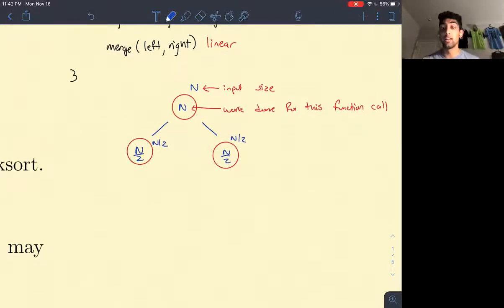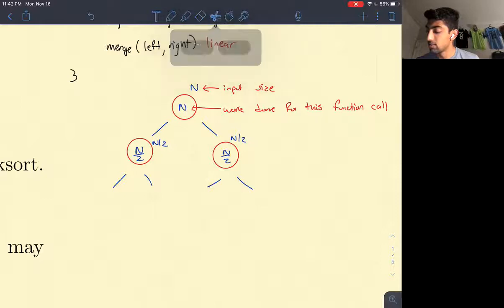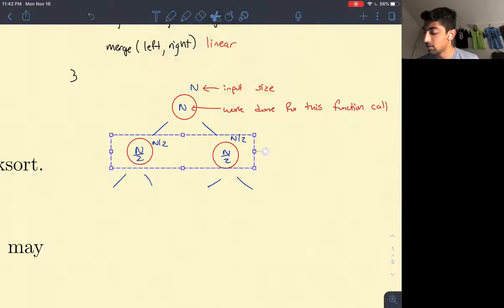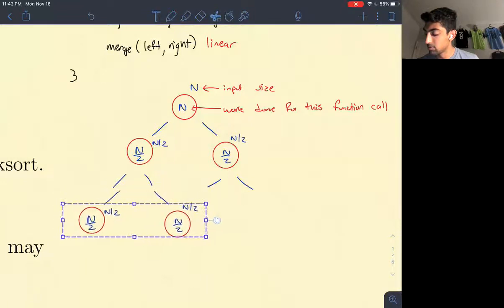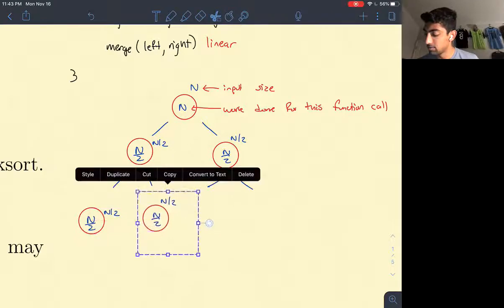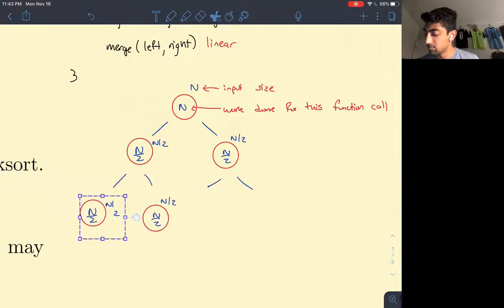This is the tree that's traditionally there for merge sort. I'm going to draw one more layer just to be a bit more rigorous.